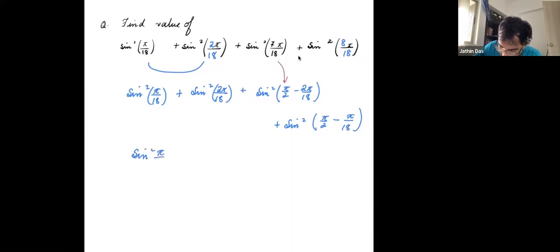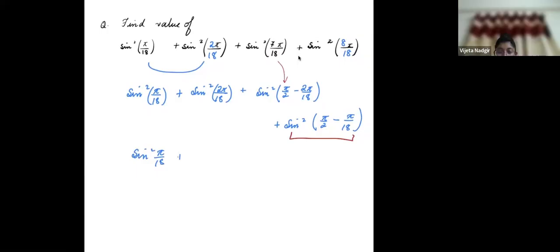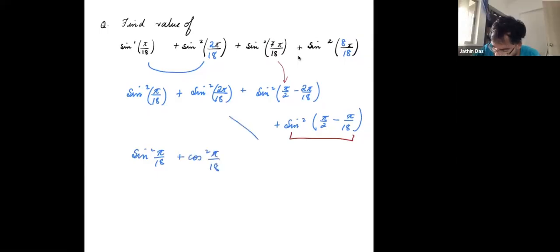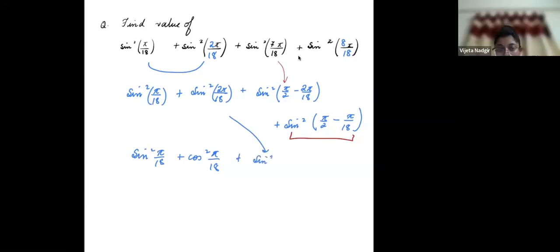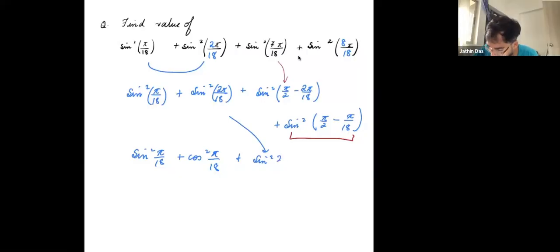So sine square pi by 18 and this will become cos square pi by 18. And this will become sine square 2 pi by 18, cos square 2 pi by 18. Very good. One plus one, 2. Simple. Only thing is you need to know how to change. That's all. Our question is easy.